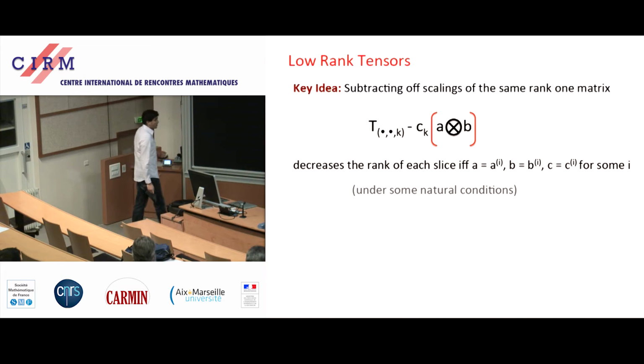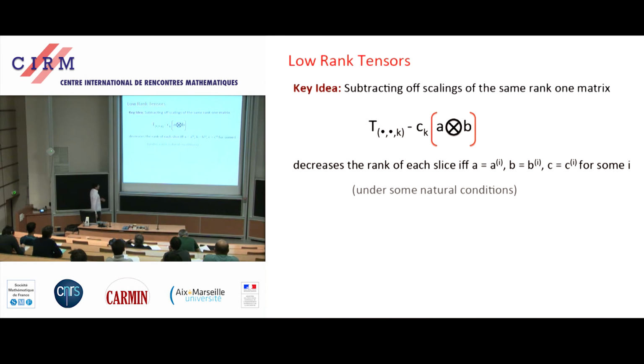One way I could do this is if, for example, I set A to be A1 and B to be B1, and then, exactly as on the previous slide, I had the right constants to scale that rank 1 matrix by, so that when I subtract it, I'm reducing one of the factors and reducing the rank of each of the matrices.